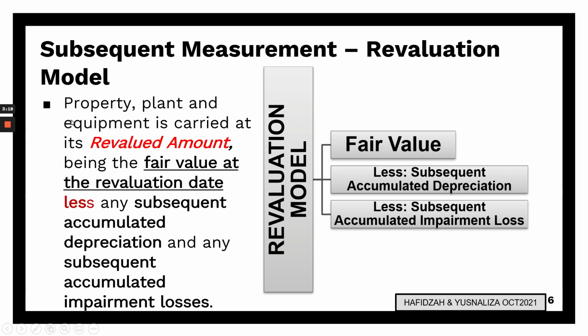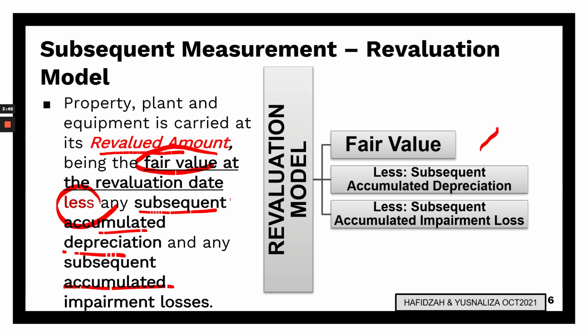revaluation model. Under the revaluation model, the property, plant and equipment will be carried at the revalued amount, which is the fair value less subsequent accumulated depreciation and less subsequent accumulated impairment loss, as illustrated here.